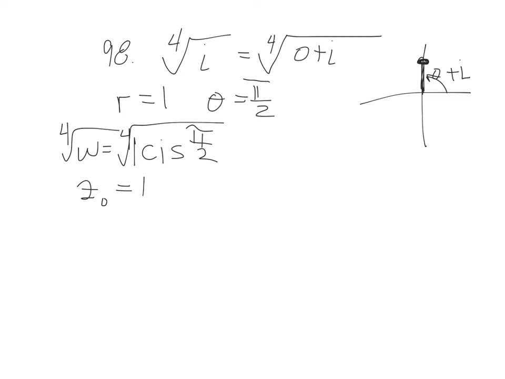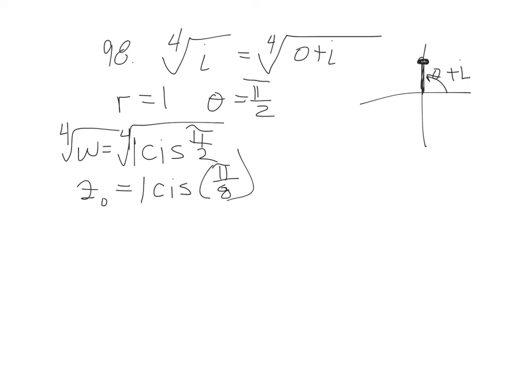So the fourth root of 1 is 1 cis, and then we take pi over 2 and divide it by 4, which gives us pi over 8 in the denominator. So that would be our first one. And then you'd convert that into standard form just like we did in the last problem. It's not going to be a nice, neat number. On the test, I believe if you do have to convert, on most of them, they're just going to be nice, neat unit circle rotations. If not, you simply use decimals.